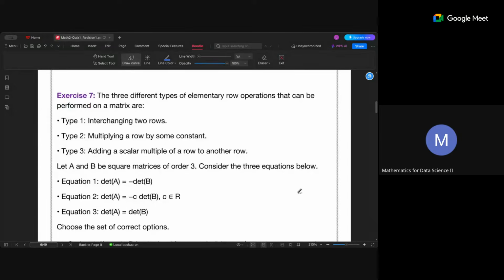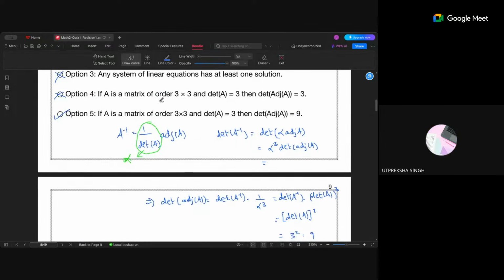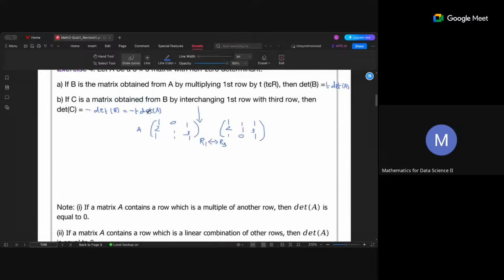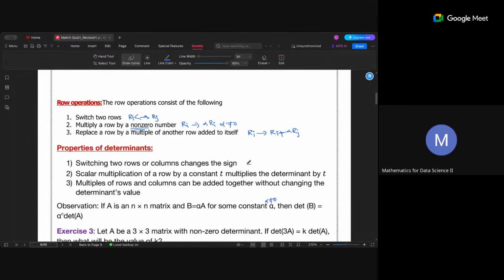Can you basically tell again how option 2 is right? See, what happens when we do these row operations, the determinant either changes the sign or gets multiplied by a non-zero number. So changing the sign or multiplying by a non-zero number will not make the determinant 0.